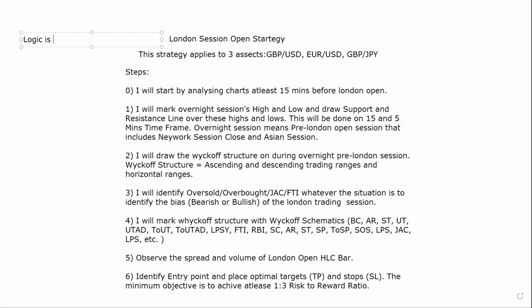The logic is to trade only those assets that give at least one of the currencies, GBP or Euro.